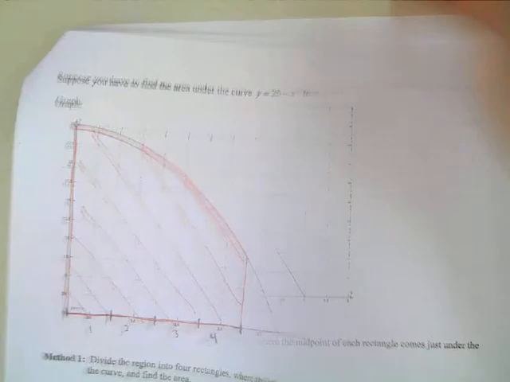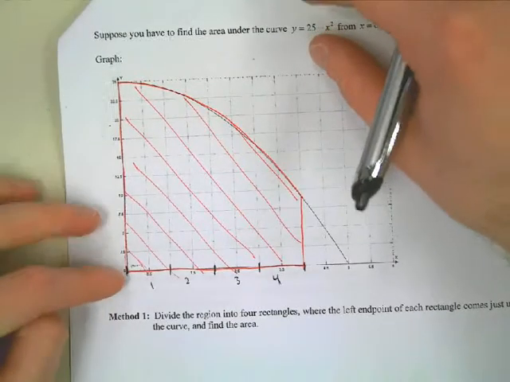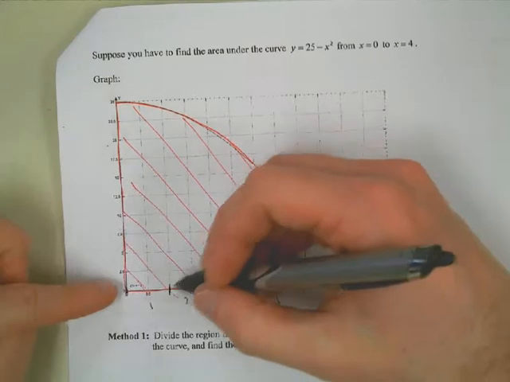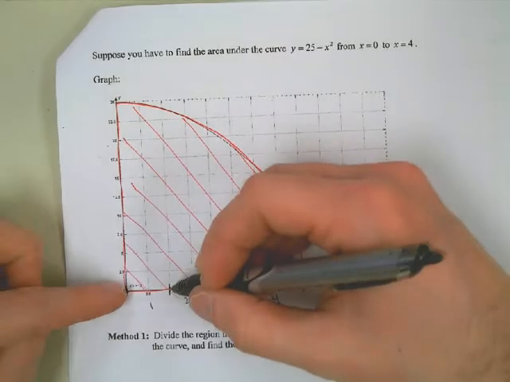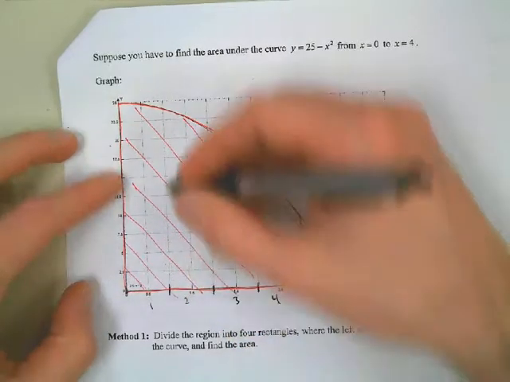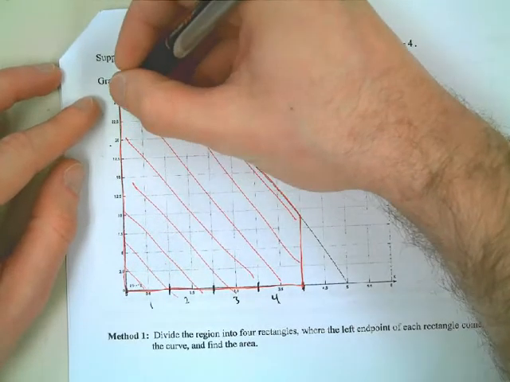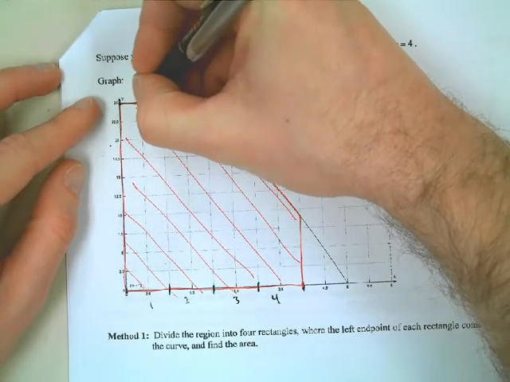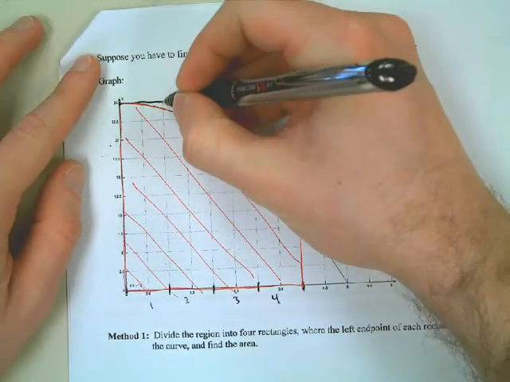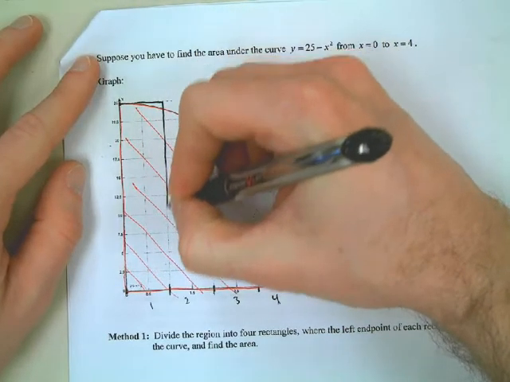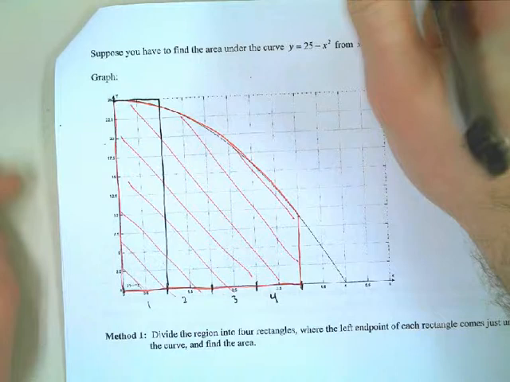Okay, so basically we're going to use the left endpoint to determine the height of the rectangle. All right, so here's our rectangle, it goes from 0 to 1. Using the left endpoint here, that means our rectangle is going to go up to 25, and then straight over like that, and on down. So there's our first rectangle there.